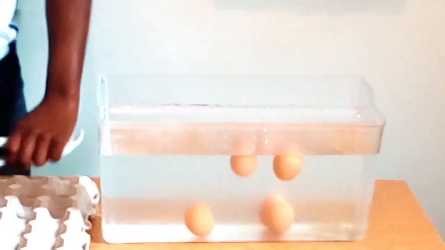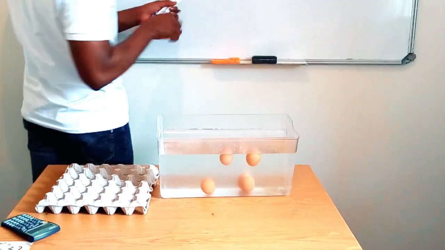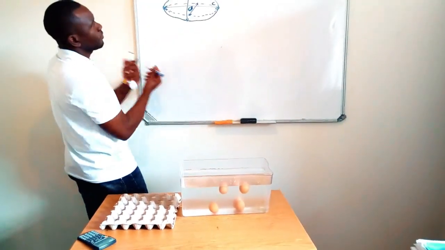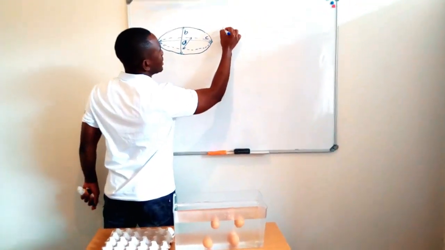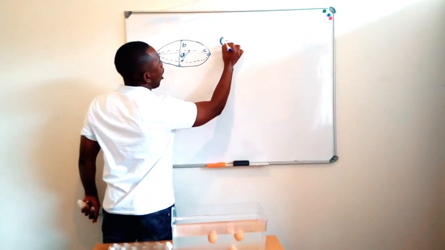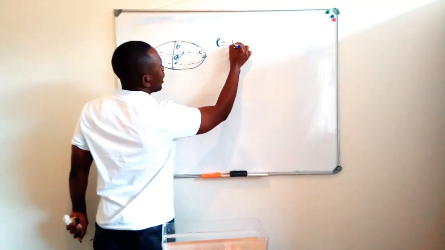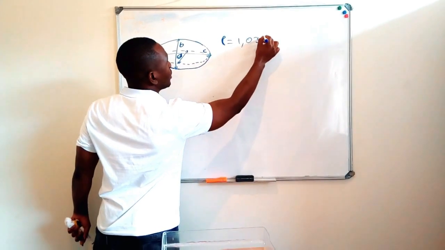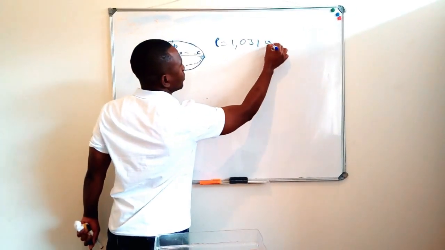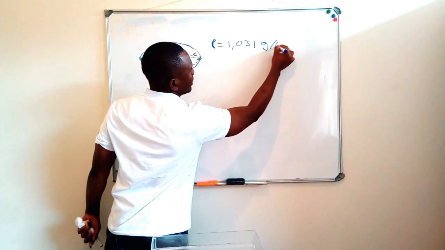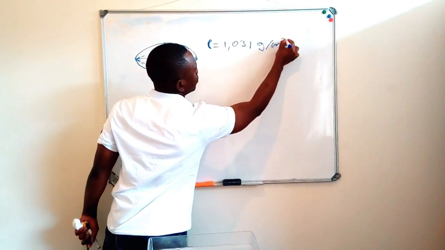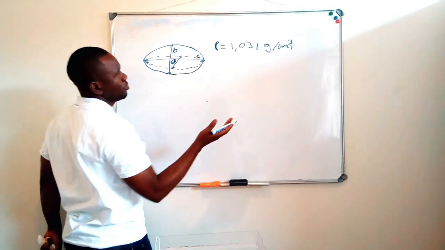Okay, let's go. A normal fresh egg has a density of 1.031 gram per centimeter cube. Agree with me?